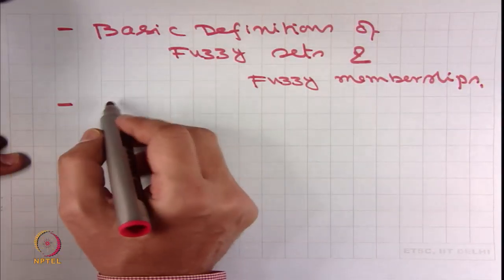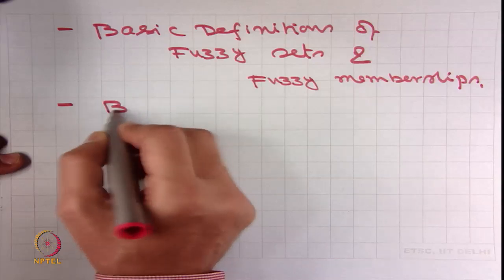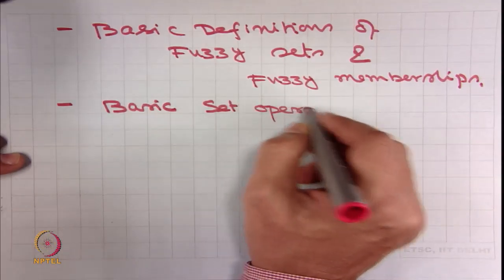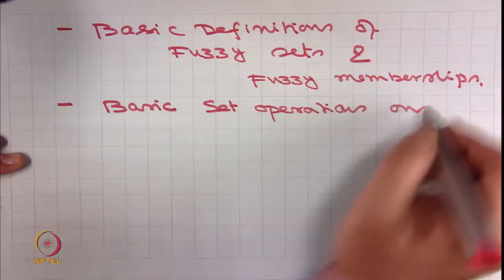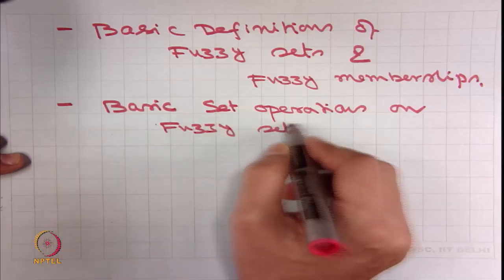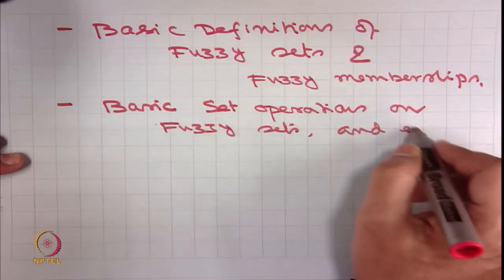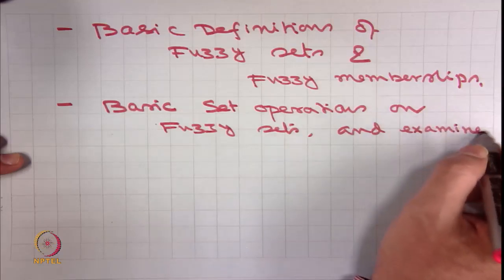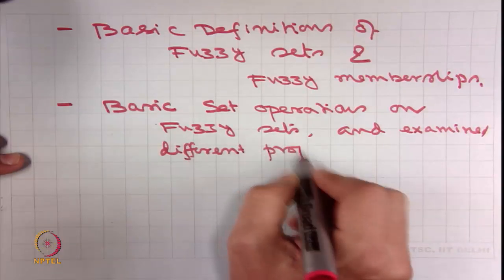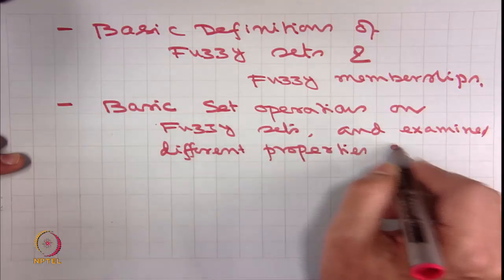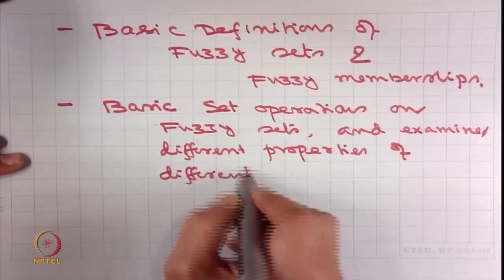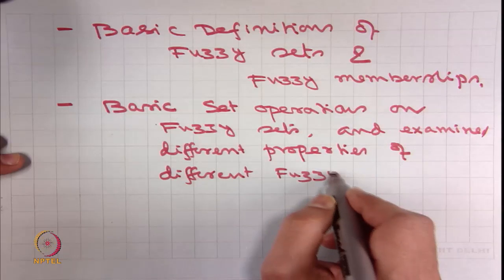Then we have looked at basic set operations on fuzzy sets and examined different properties of different fuzzy set operators.